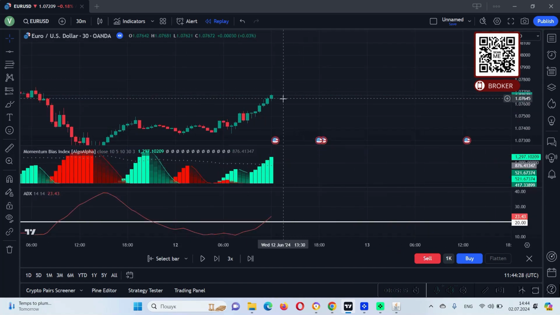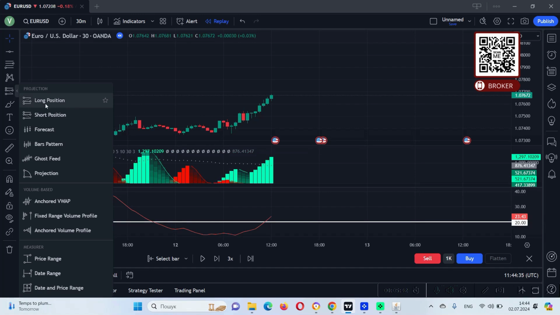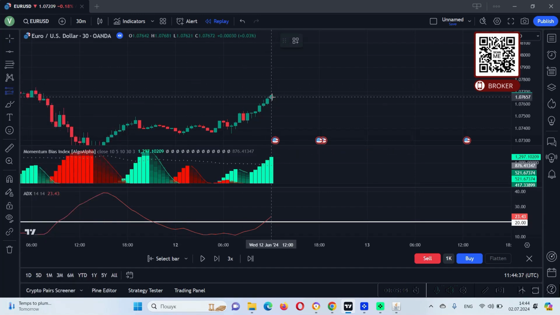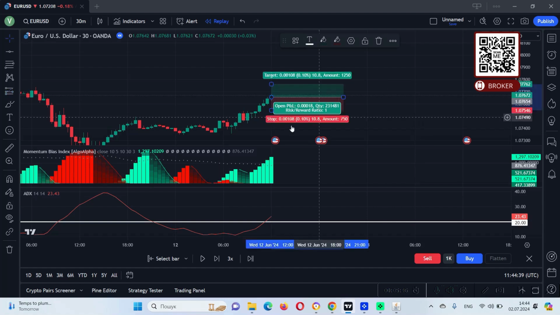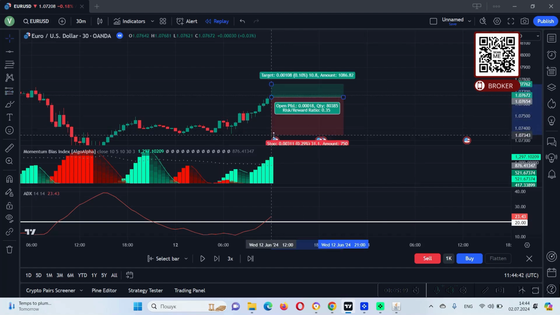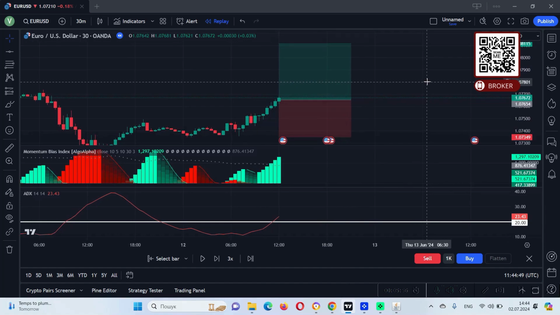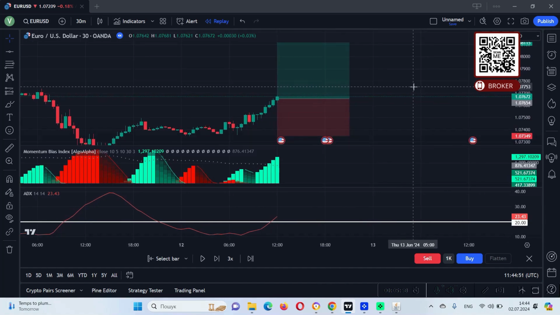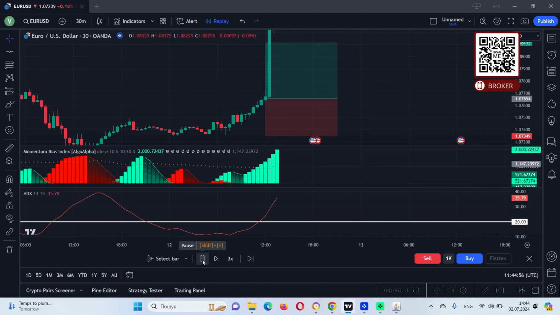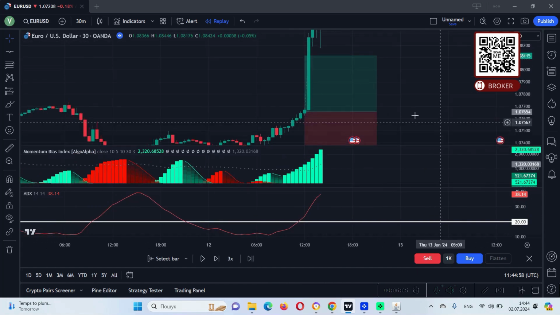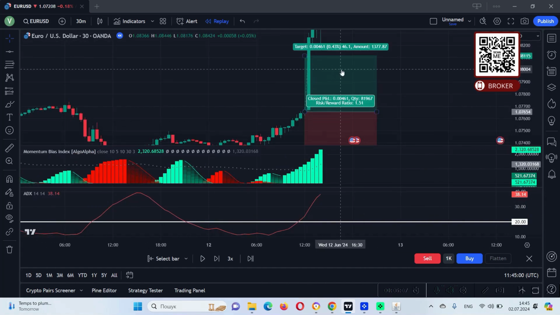So, as I mentioned, at this juncture, we initiate a purchase transaction. Set a stop loss and take profit. We will see how this agreement works out for us. As you can observe, the price instantly escalated and we registered a profit.